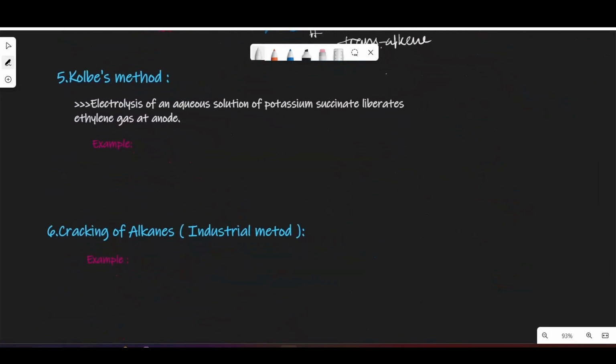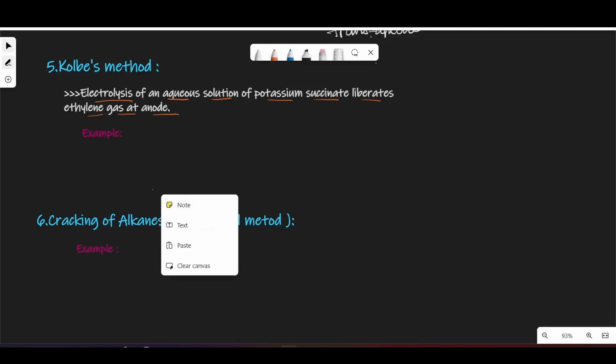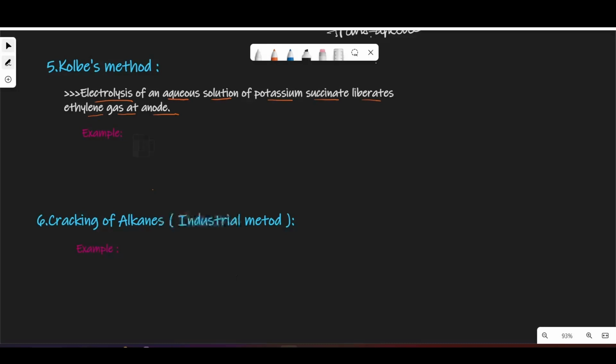So let's discuss another preparation, that is Kolbe's method: electrolysis of an aqueous solution of potassium succinate liberates ethene gas at the anode. It is an electrolysis process and we will get ethene gas; ethene is an alkene, so we will get that at the anode. Let's see the example.